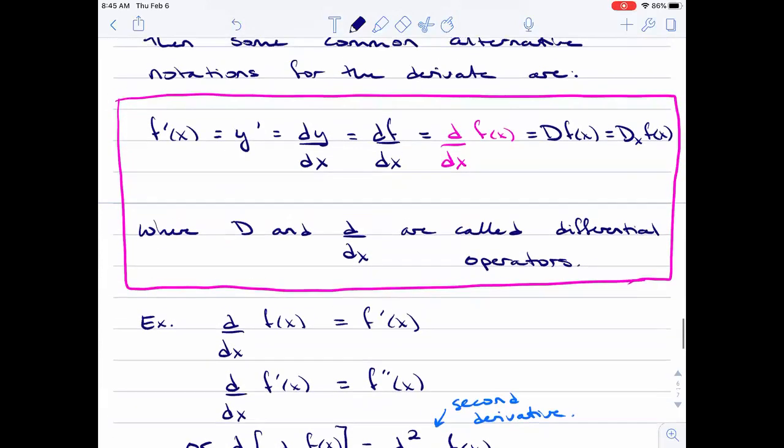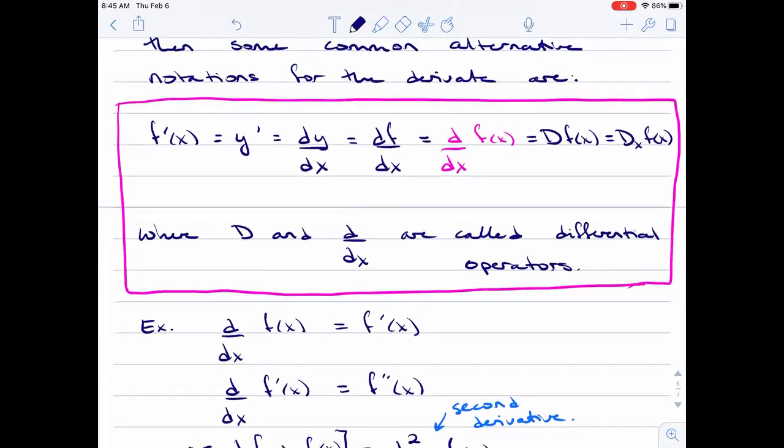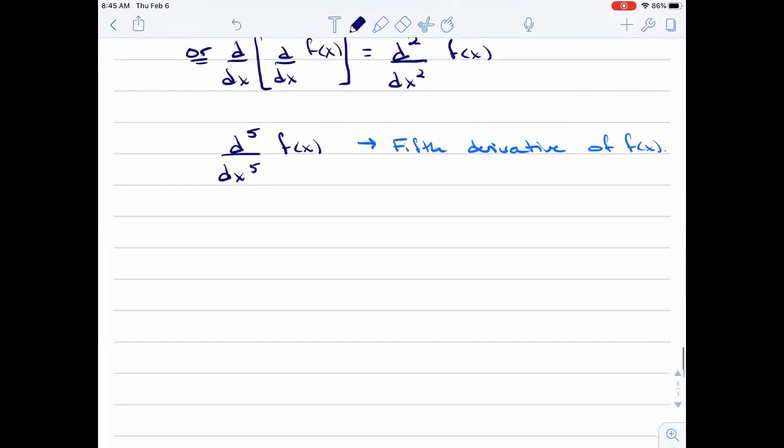So all of these, and it's kind of the war between Newton and Leibniz, all these with the differential operators are called Leibniz notation. And so sometimes it'll say, oh, using Leibniz notation. And the reason that we kind of prefer it most of the time is because it hints at units, especially if we're talking about distance and velocity, acceleration.